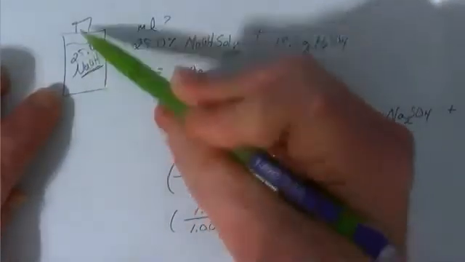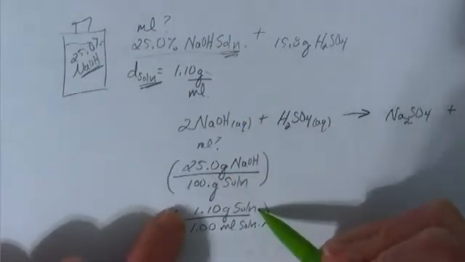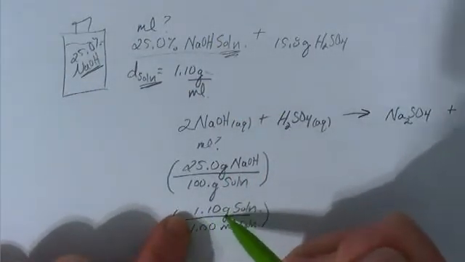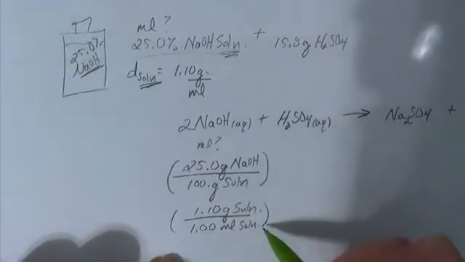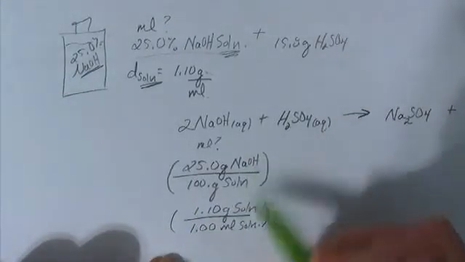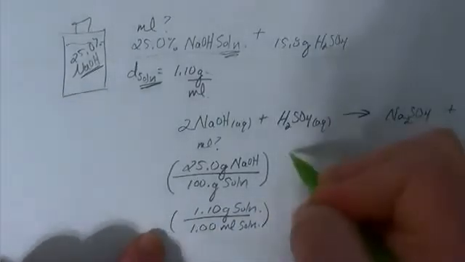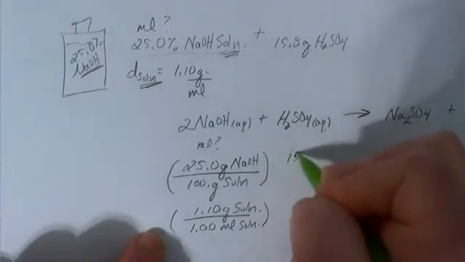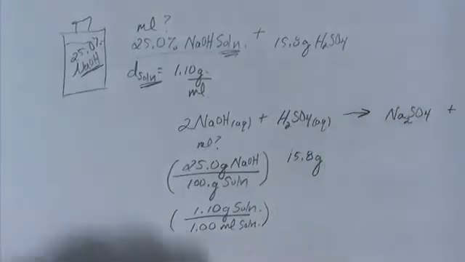So if I measure 1 milliliter, it would mass 1.10 grams. This is of the mixture, not just the NaOH with the water. And we know that we are reacting it with 15.8 grams of H2SO4.